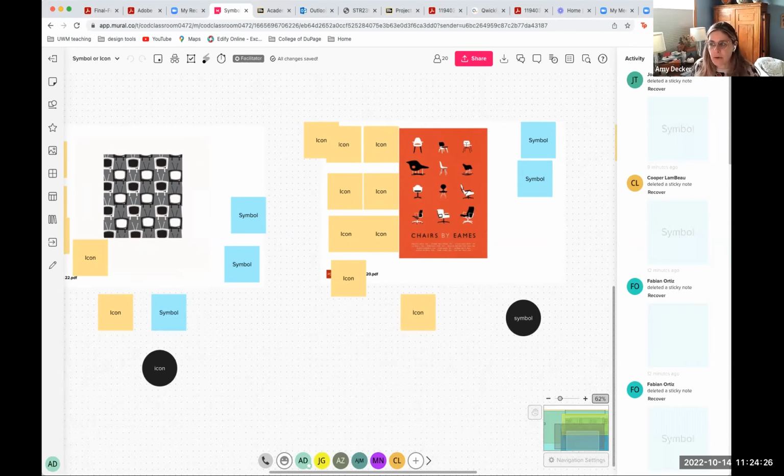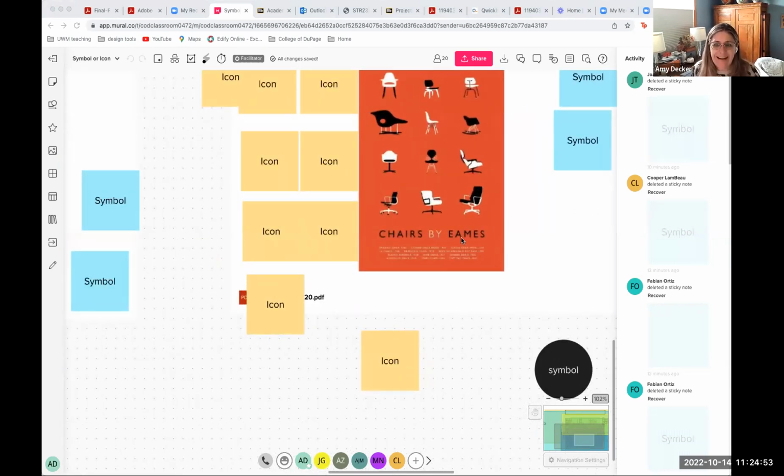Going back to it, they're usually terms that are confused, and an icon is something that is representational for sure of something that exists. So I see the overwhelming majority here is icon for these chairs. And there's also things about being iconic, and chairs by Eames are kind of iconic chairs.